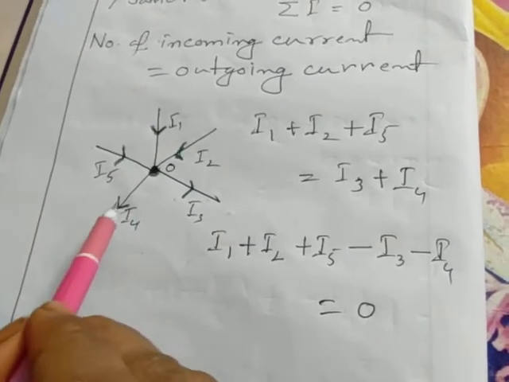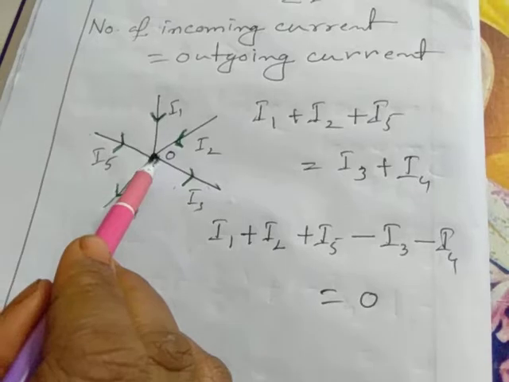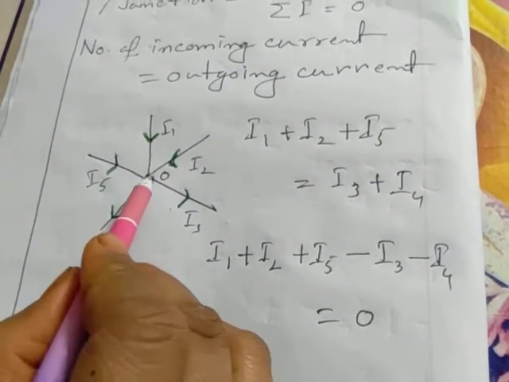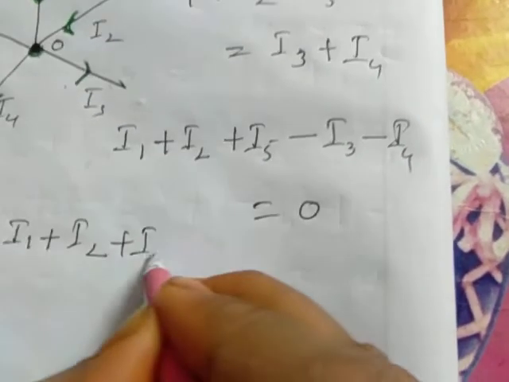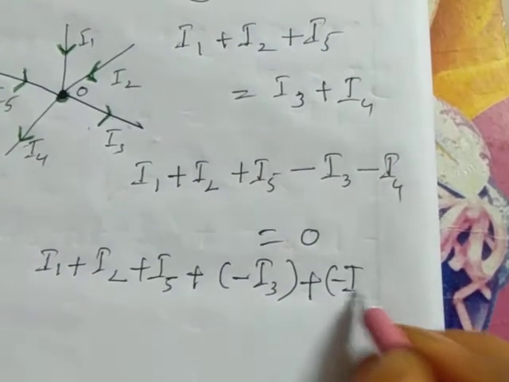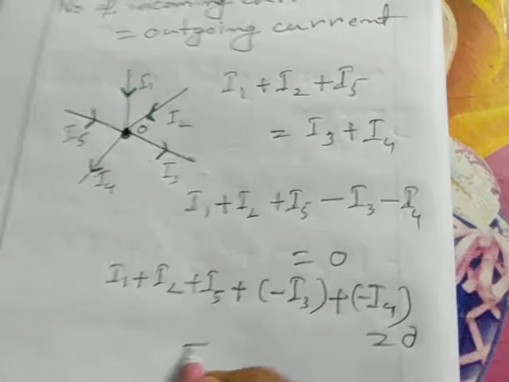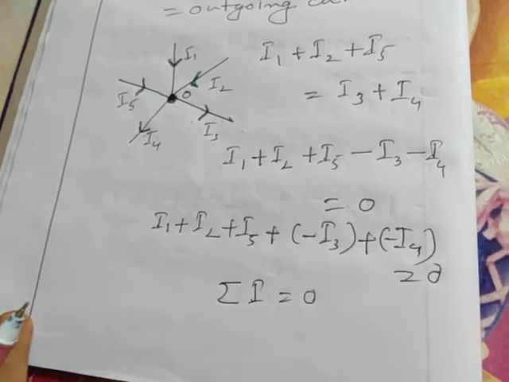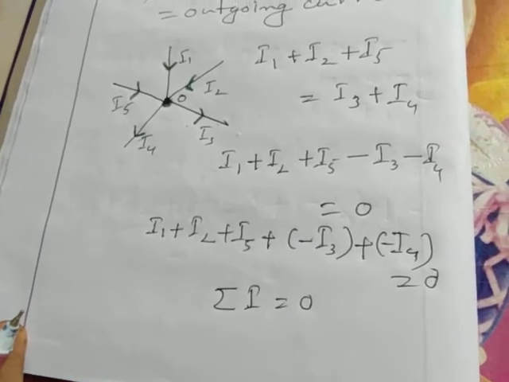For simplicity of calculation, the currents entering the junction you take as positive, and the currents leaving the junction you take as negative. So this equation can also be written as I1 plus I2 plus I5 plus (minus I3) plus (minus I4) equals 0. That means summation of I equals 0. That I told at first, that Kirchoff's current law means the summation of current at the junction is 0.